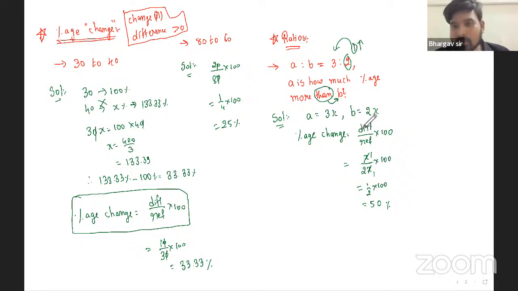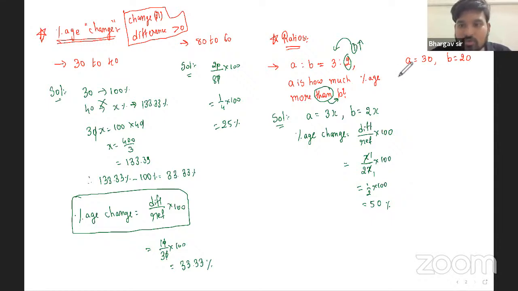Okay. Now one more thing. The key learning is going to be here. Everybody see here. If I ask the same question by giving the values of A and B, I say A is equal to 30, B is equal to 20.